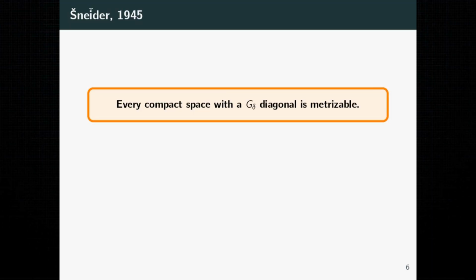And then we move several years later to 1945 with the work of Sneider. Sneider stated that every compact space with a G delta diagonal is metrizable. So this is important because if you are already familiar with the metrization theorems, you know that everything at the end of the day is stated in terms of paracompact spaces.